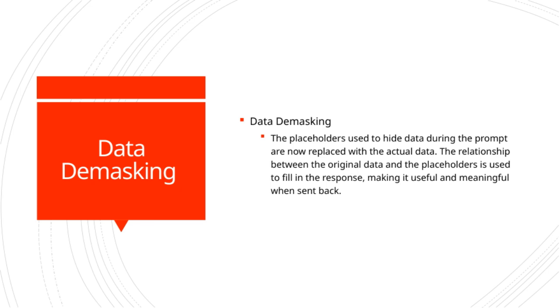When this happens, the data becomes meaningful and useful again, especially when it's sent back for further processing or analysis. So, in the context of our overall discussion, data demasking is a key step in ensuring that the right information is retrieved and used appropriately, maintaining both data integrity and usefulness.